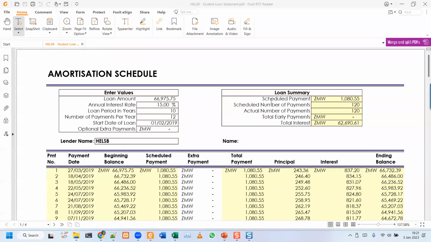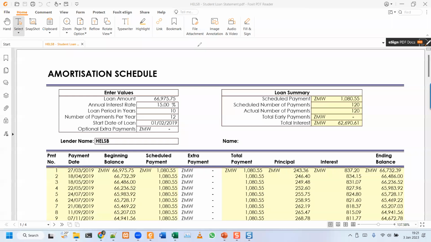And this is actually very, very good. You can probably get this from HELSB. How you get this, I'm not quite sure. But if someone knows how to get this schedule, please write that in the comments. So we are going to go through this schedule step by step and quickly understand it.